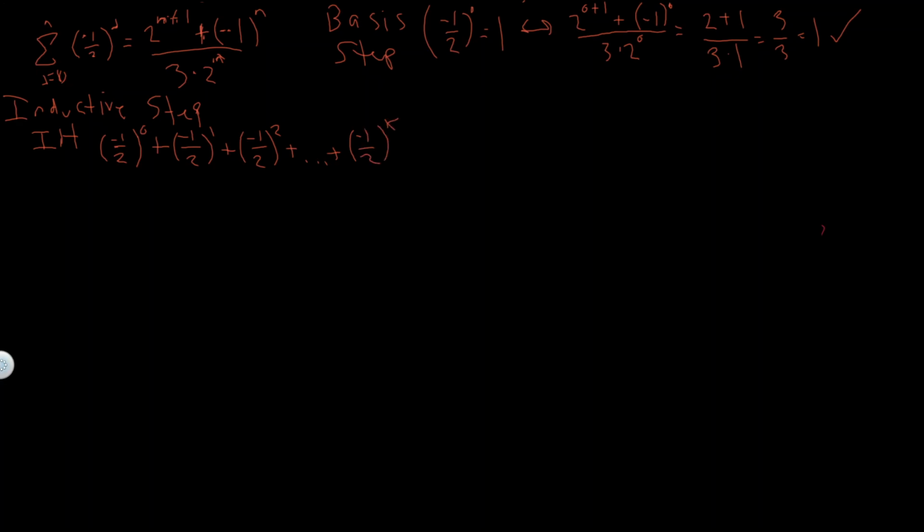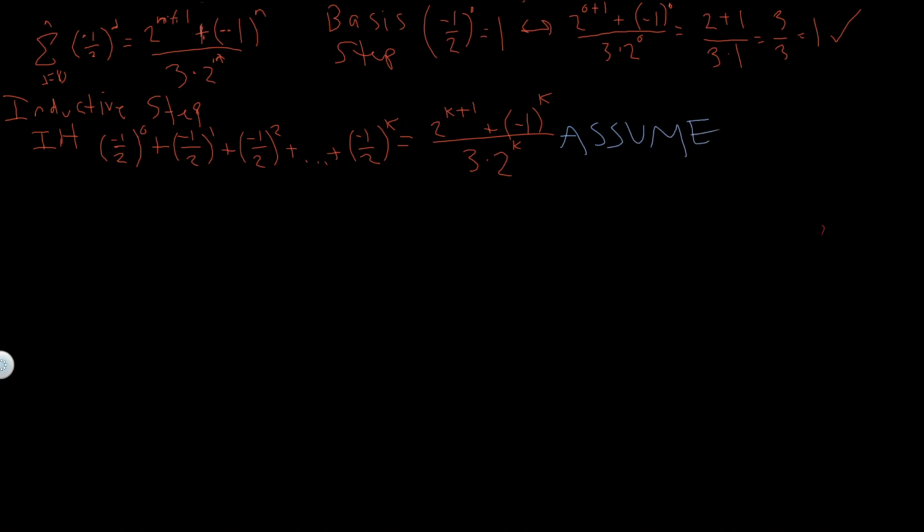We're going to say that that's equal to 2 to the k plus 1 plus negative 1 to the k divided by 3 times 2 to the k. And so this is our assumption. So I'm going to write down assume. And because I'm assuming that, that's what I'm going to use to substitute later.